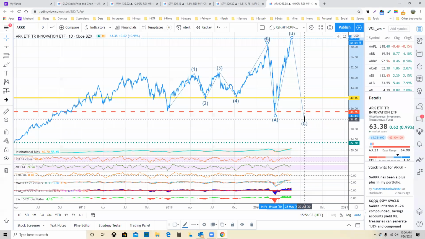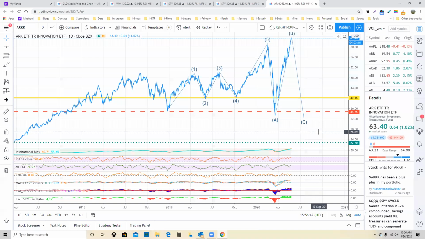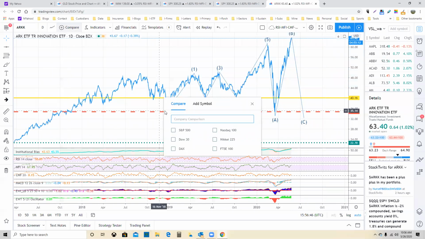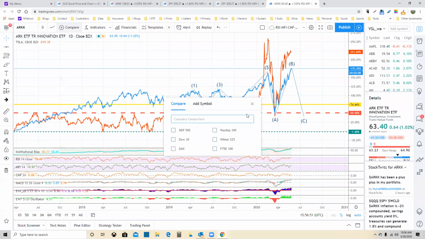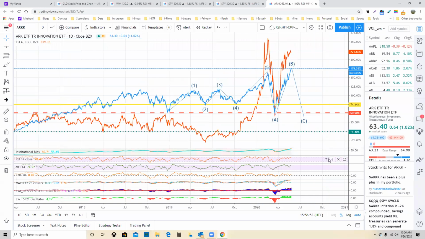Again, I just think that the option expirations are more important than fibs on time frames. I mean, you get some confluence there, but yeah, it's important to throw Tesla on top of here, right? Tesla just pulls this thing. So how well she trades Tesla has a lot to do with how well ARK Innovation Fund does.